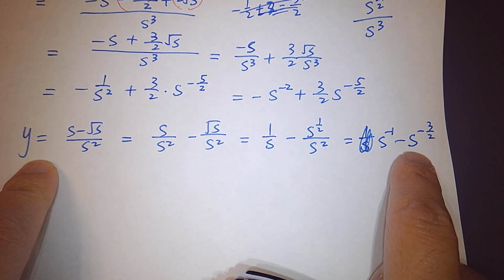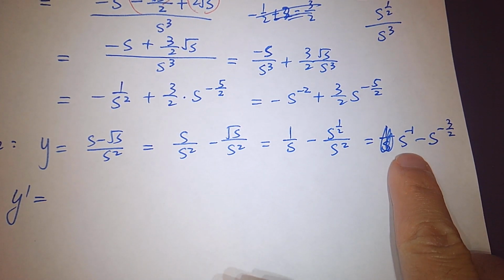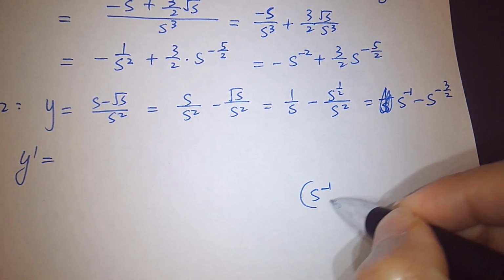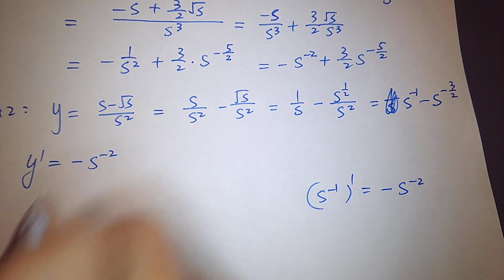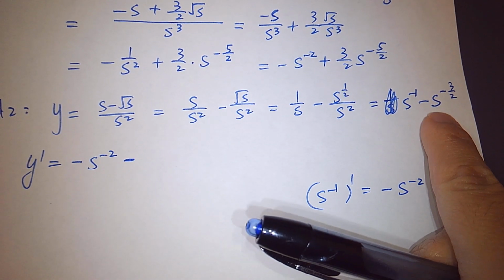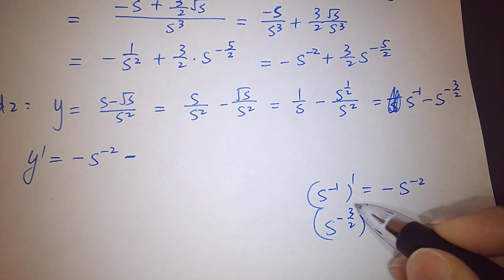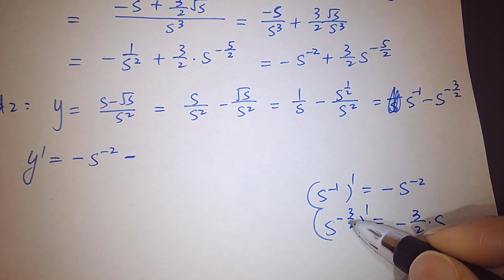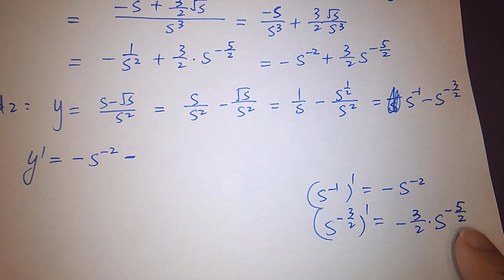There are only two power terms, right? So how to differentiate y? What is s to the negative 1 power's derivative? Negative s to the negative 2, right? Minus s to the negative 3 over 2's derivative, which is negative 3 over 2 times s to the n minus 1. What is 3/2 minus 1? 5 over 2.